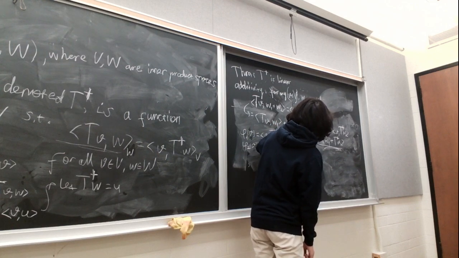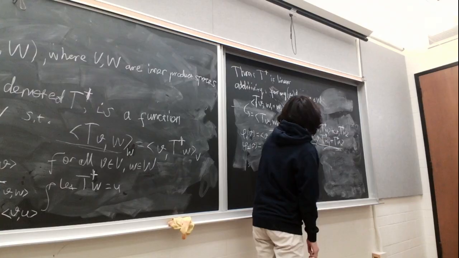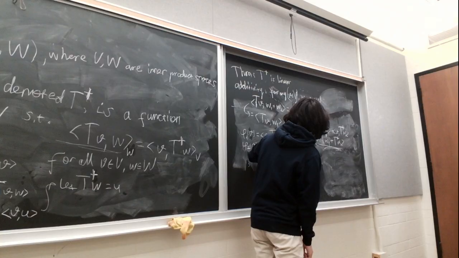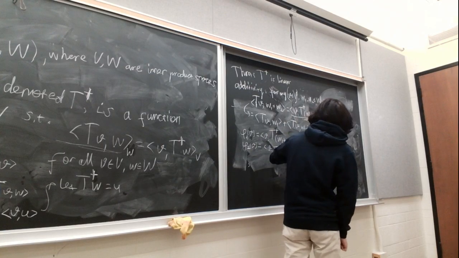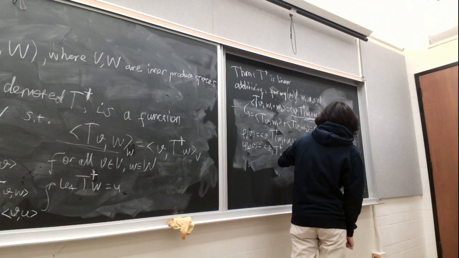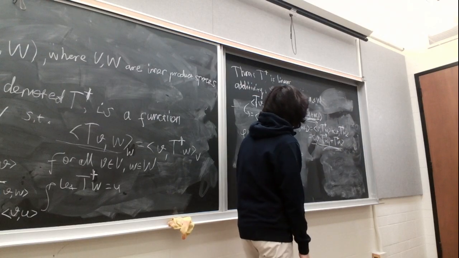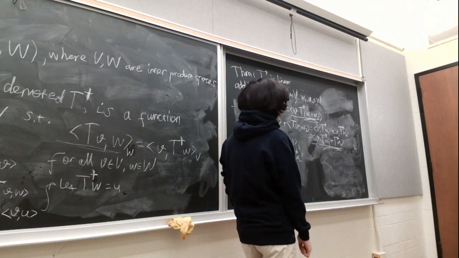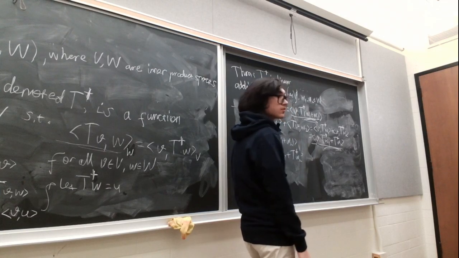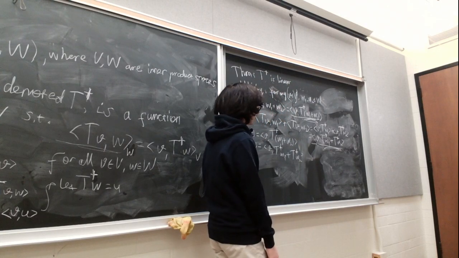Do you see how saying that is equal to that implies that T star of W1 plus W2 is equal to T star W1 plus T star W2? It's a non-trivial step. There's something else that may be involved. Invariant? Maybe? Do you understand what the question is at least? Yeah, okay, good. It's not as trivial.